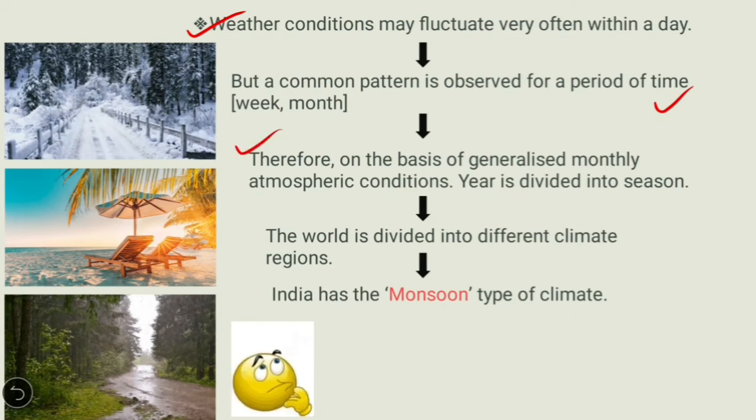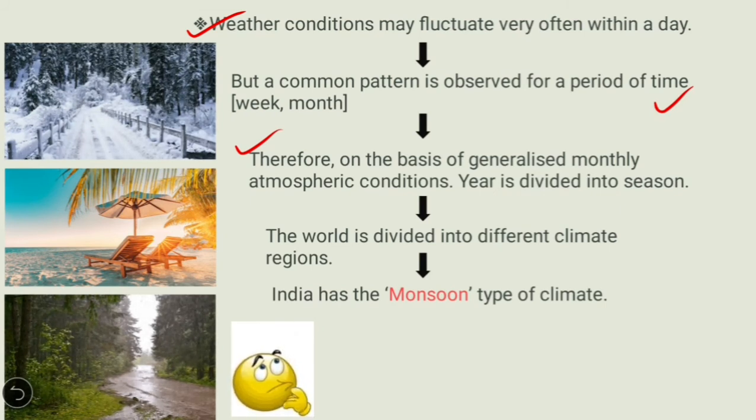Therefore, on the basis of generalized monthly atmospheric conditions, like winters from November, December to March and April, the temperature was low, around 8 to 12 degrees Celsius. These are the conditions of the atmosphere.